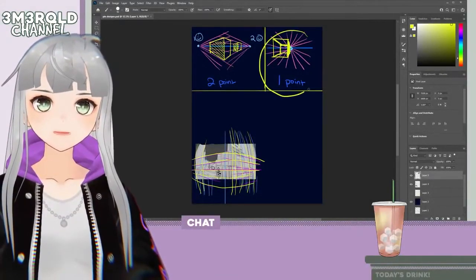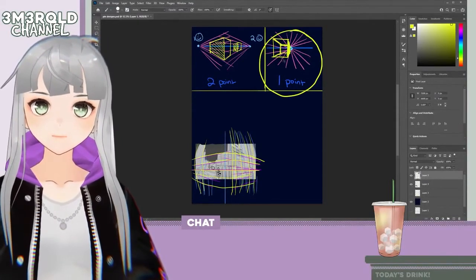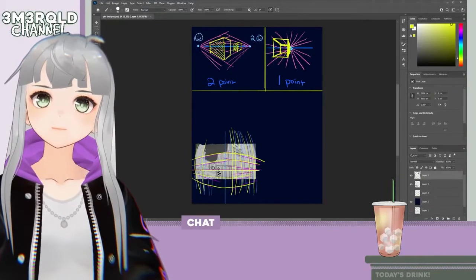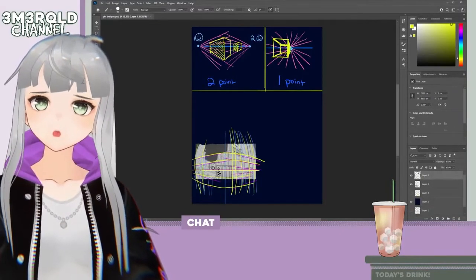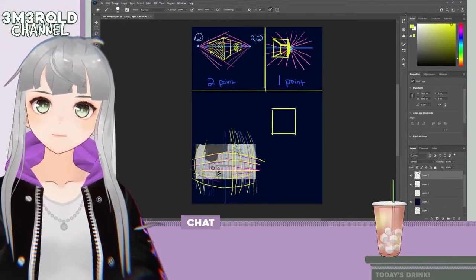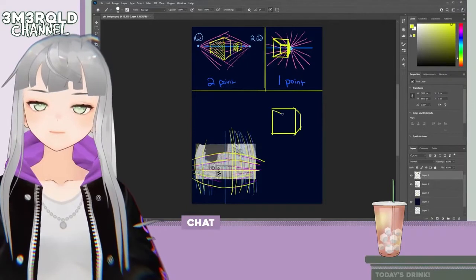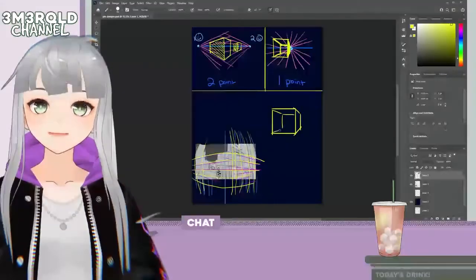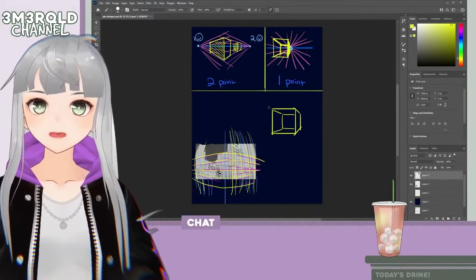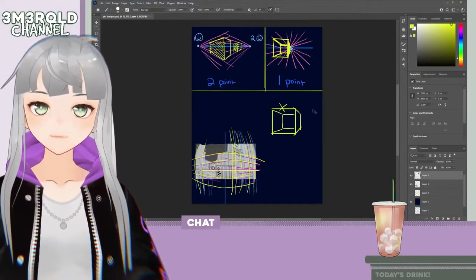So when taking a look at our lovely 1-point perspective box here, guess what? All these straight lines on that box, it's a lie. All these straight lines are actually, in reality, kind of curved lines. These lines are not straight. This is wrong.